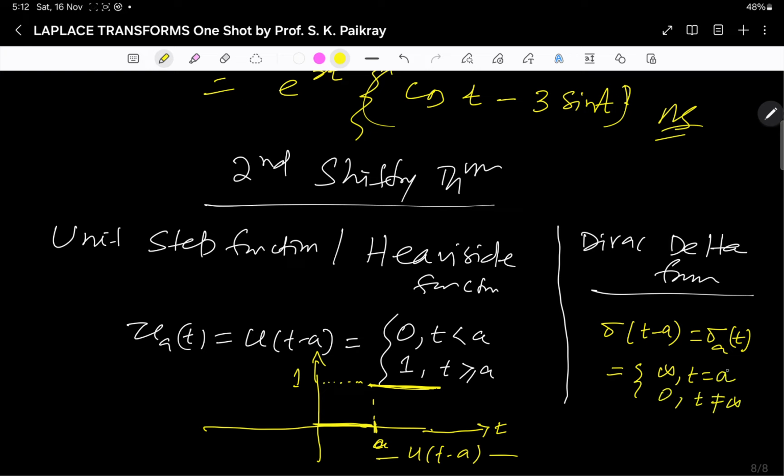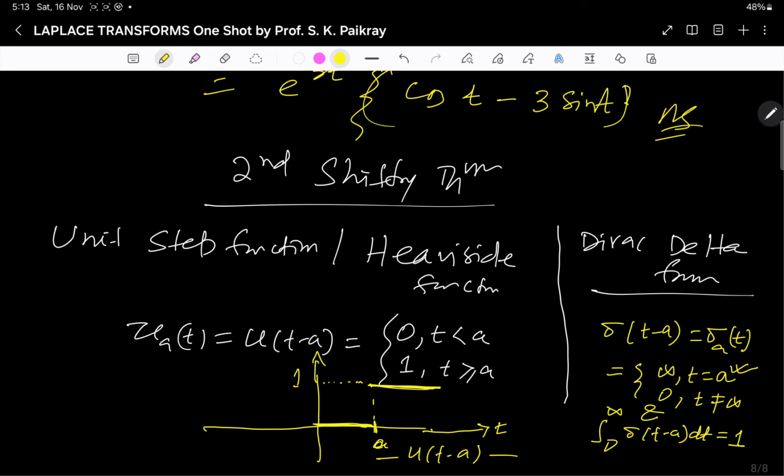That means at a particular point infinite force is applied. It is the limiting case of the unit impulse function. At the same time we have the integral from 0 to infinity of delta(t minus a) dt equal to 1, the entire area under this curve, which means the whole force is applied at a particular point.